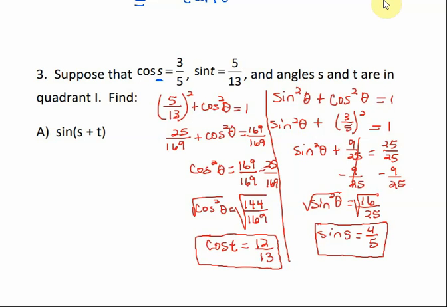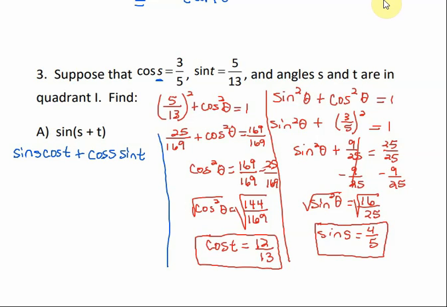Okay, so for the sine of s plus t, remember that would be sine of s times the cosine of t plus the cosine of s times the sine of t.